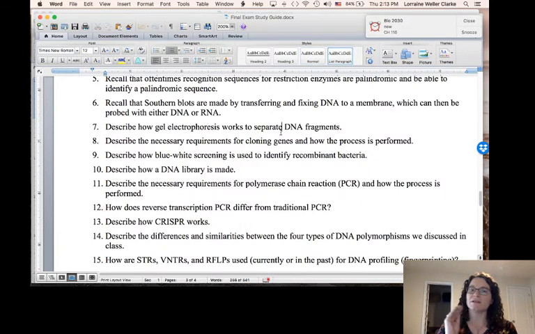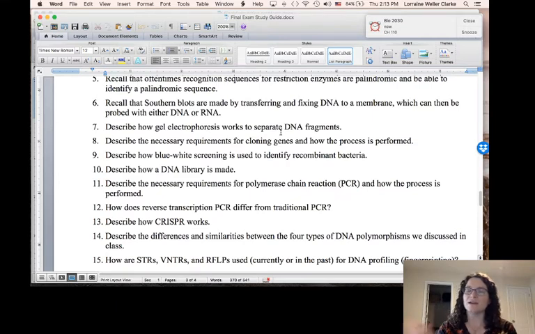Also, talking about the cloning and the insertion of genes of interest into plasmids, those experimental plasmids and what they have in them. Remember the blue-white screening to make sure the plasmids were made properly. That disrupts that LacZ, makes it so that it can't process a blue dye.